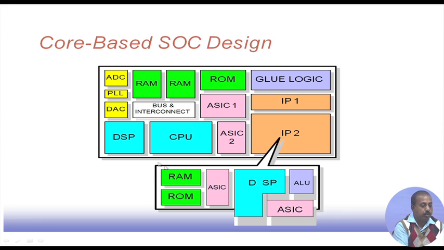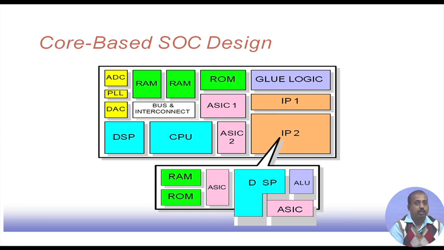They may themselves have more chips, more layouts in them. As a designer, I put all these things into my manufacturing process and get this whole thing done on a single chip. This is called a system on chip based design.